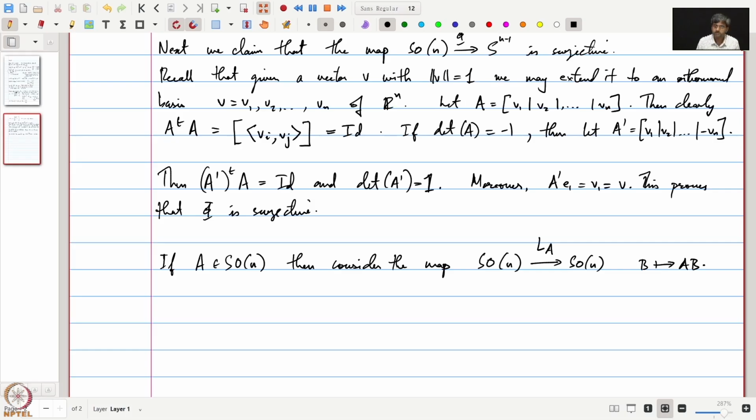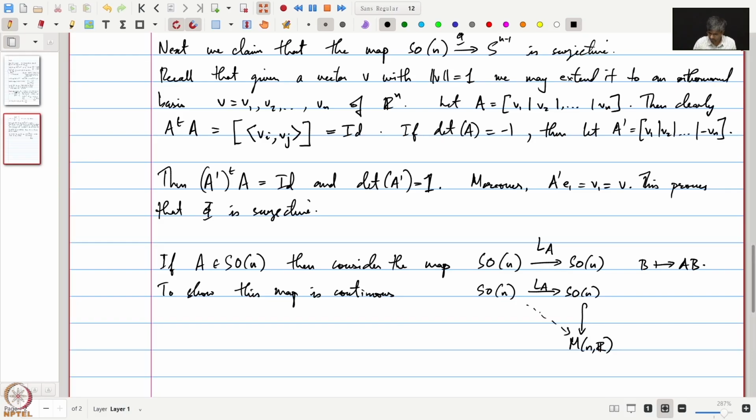So let's check that this map is continuous. Note that SO(n) has a subspace topology from M_n(R), so it's enough to check that L_A, after we compose with this inclusion, is continuous.